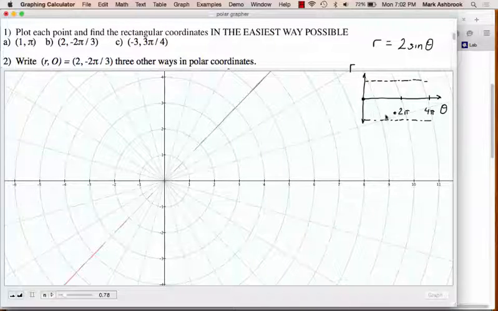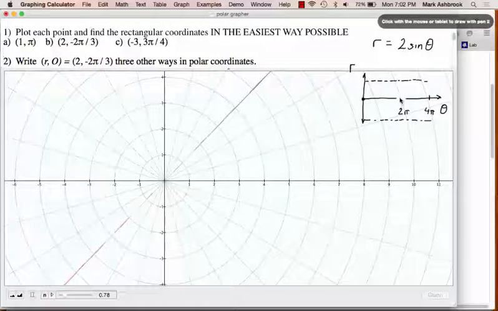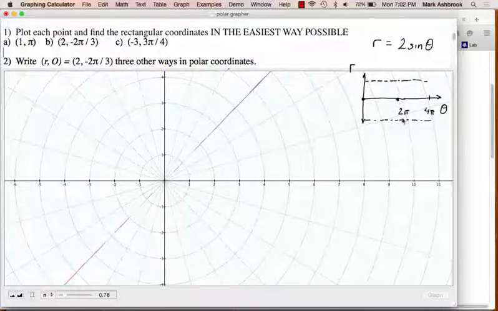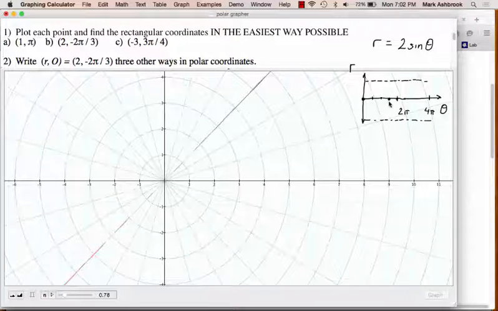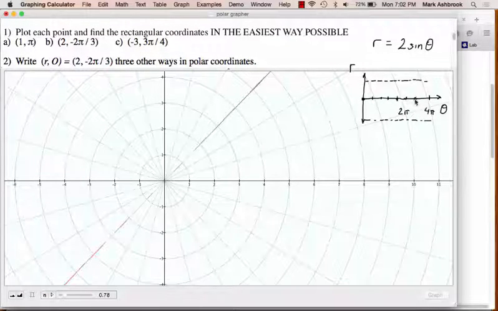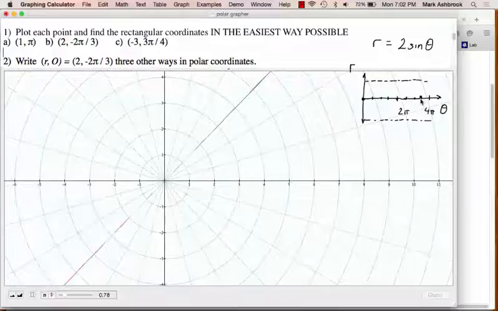So now we're going to sketch. And when we sketch a period, we break it up into 4 equal pieces, kind of thinking about going around the circle. Each quadrant gives us a kind of standard piece.